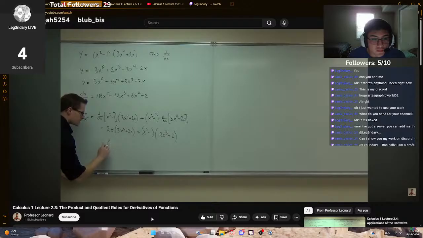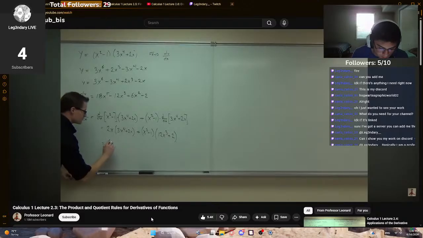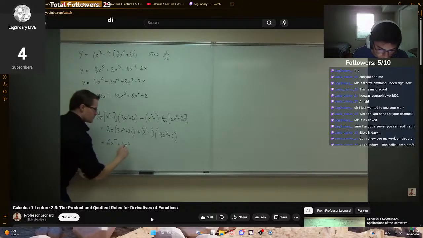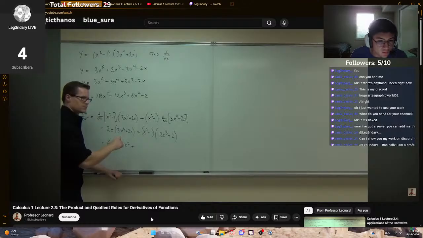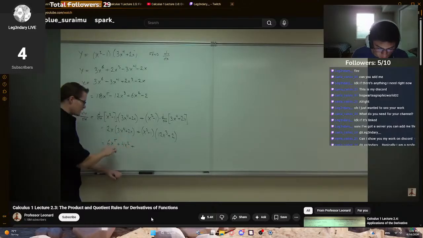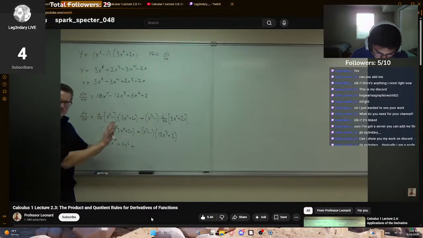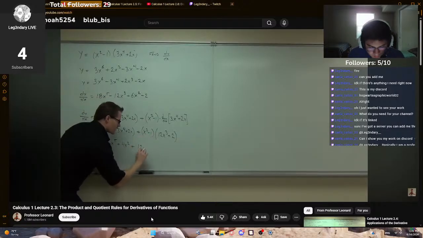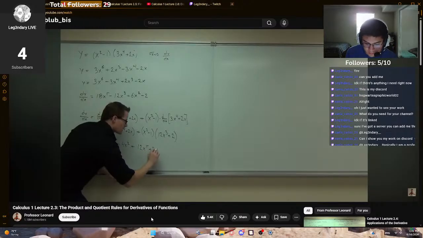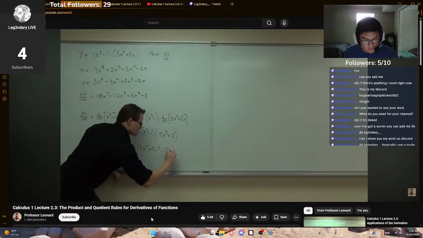Here we'll get our 6x to the fifth plus 4x squared plus, we're going to have to FOIL that, right? Okay. Don't worry, we're not done. If we FOIL this, distribute it, we're going to get 12x to the fifth plus 2x squared minus 12x cubed minus 2.